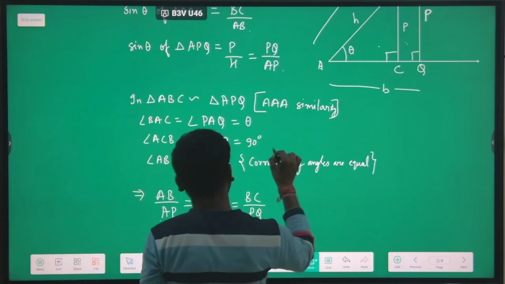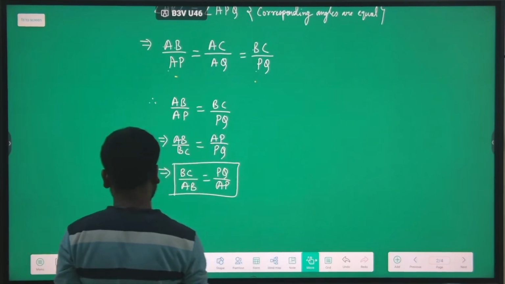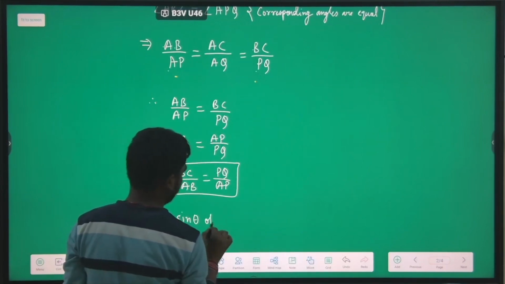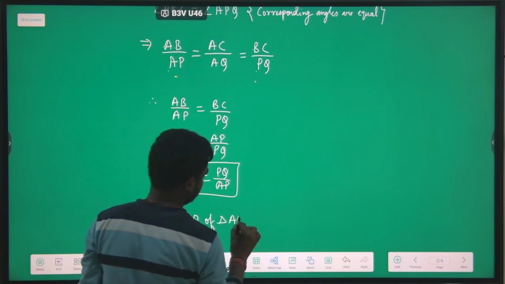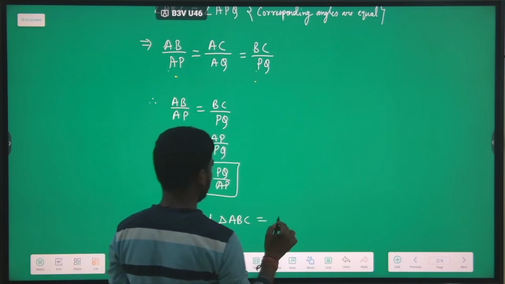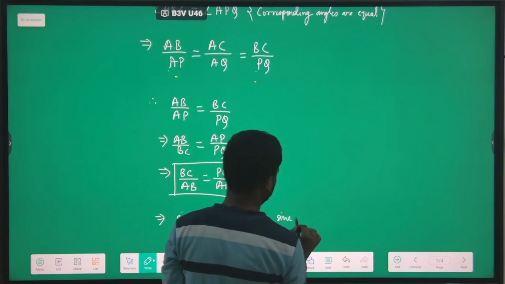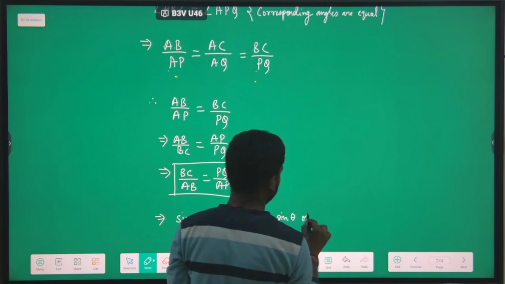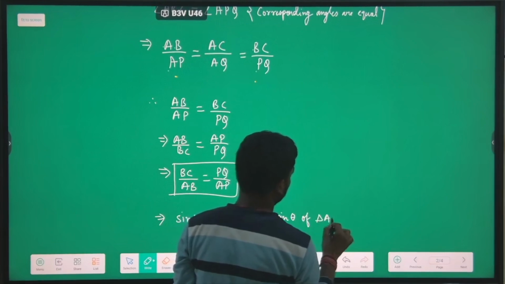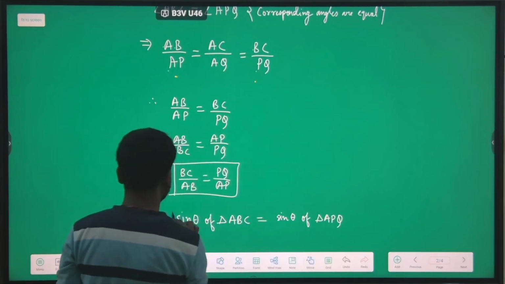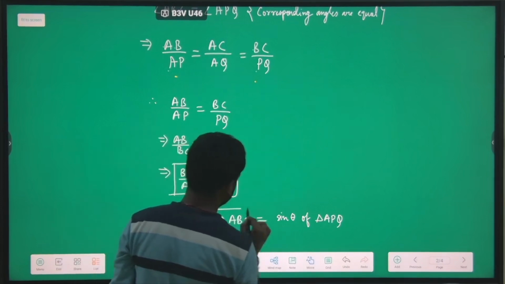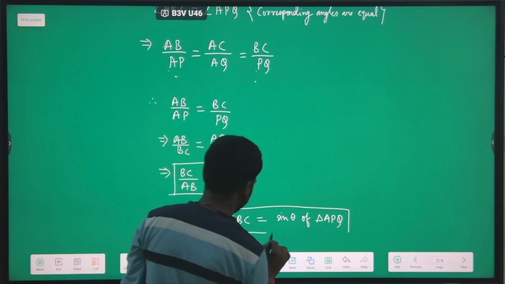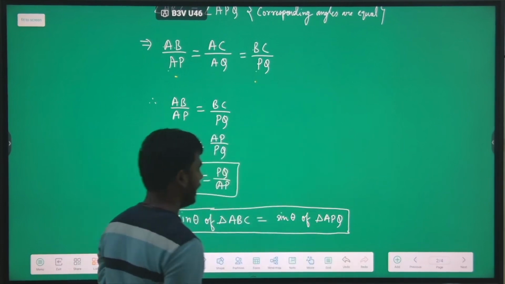So we can say sine of angle theta of triangle ABC is equal to sine of angle theta of triangle APQ. So the trigonometrical ratios will always be equal for the same angles.